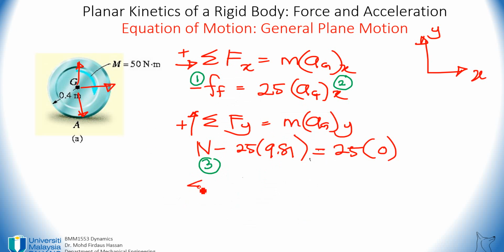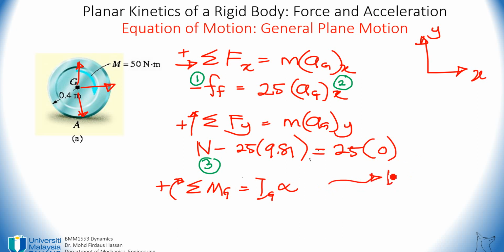The third one is summation of moment. It's better to choose point G. Clockwise is positive. The summation of moment at G is equal to IG times alpha. So what is IG?